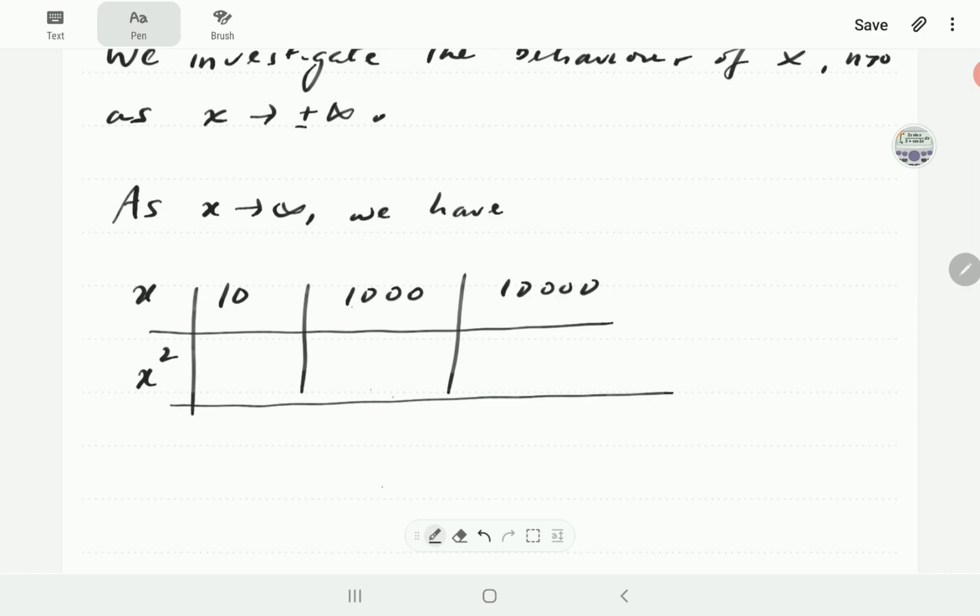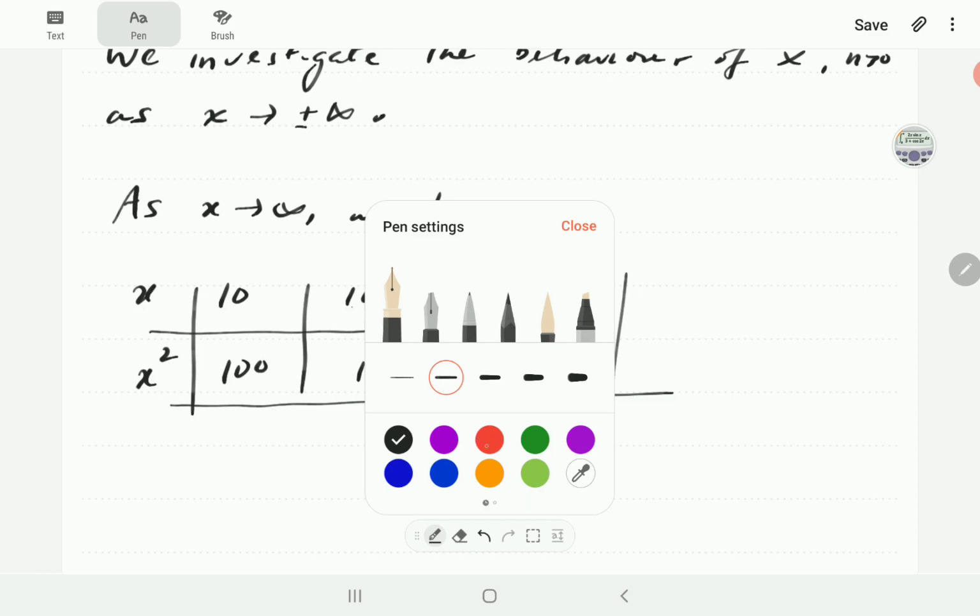If x is 10, x squared is going to be 100. If x is 1,000, x squared is going to be 10 to the power 6. If x is 10,000, x squared is going to be 10 to the power 8.